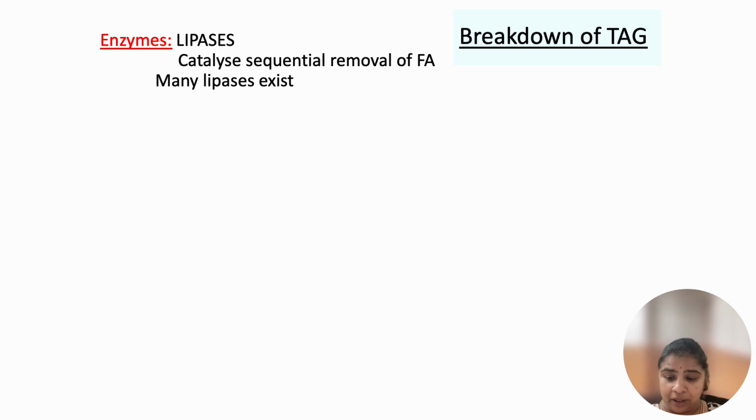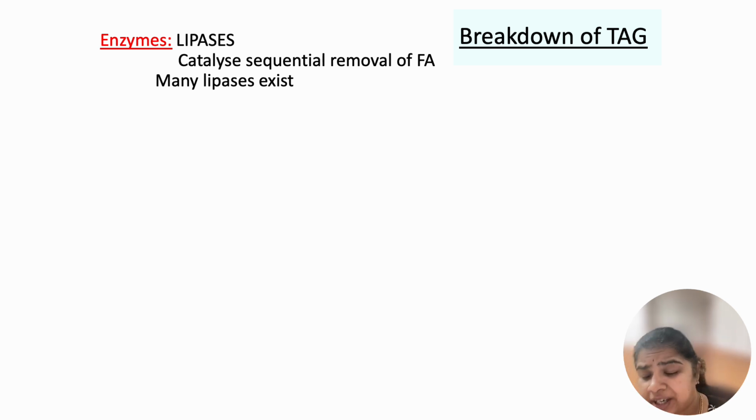The monoacylglycerol that is present will undergo further esterification with other fatty acids to form triacylglycerol, and this triacylglycerol will then be packaged into chylomicrons and transported to all tissues.